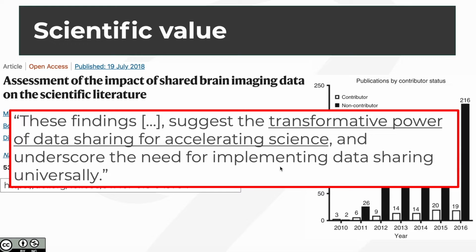But in order to extract maximal value from the data we publish, we need to make sure that the data is well annotated with all the relevant information that allows others to interpret it, understand it, and reuse it.